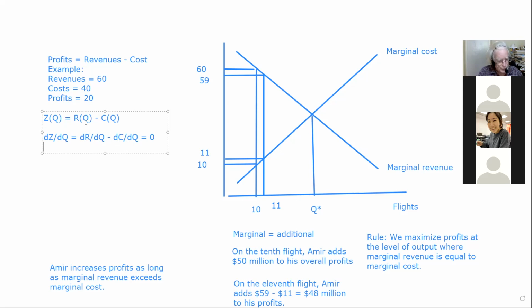So this first order condition suggests that marginal revenue is equal to marginal cost at the level of output that will maximize profits. So once again, we get the rule that we should equate marginal revenue to marginal cost to maximize profits.